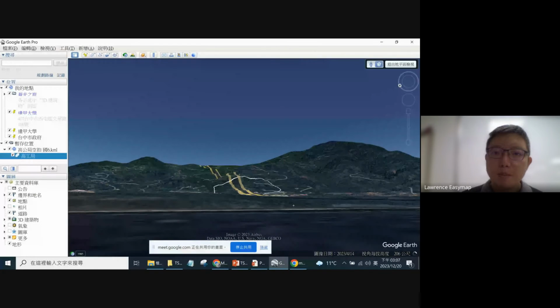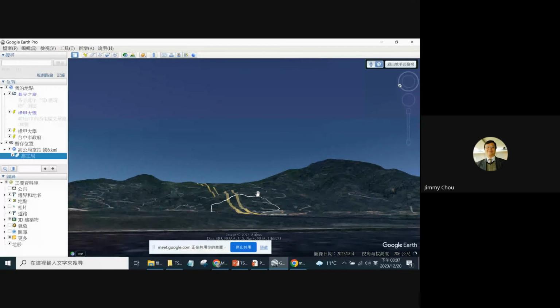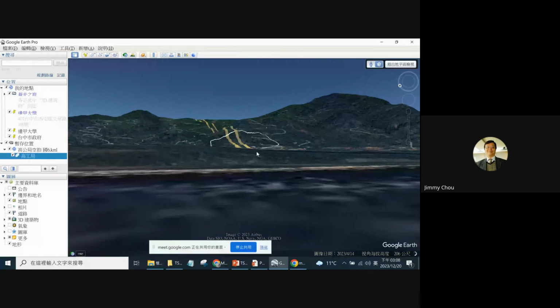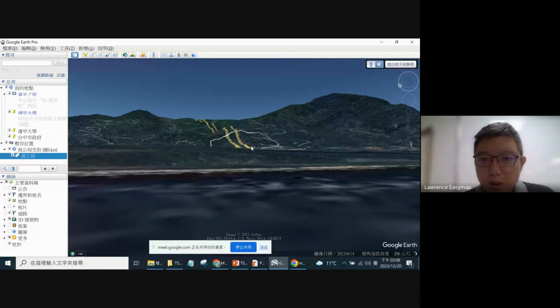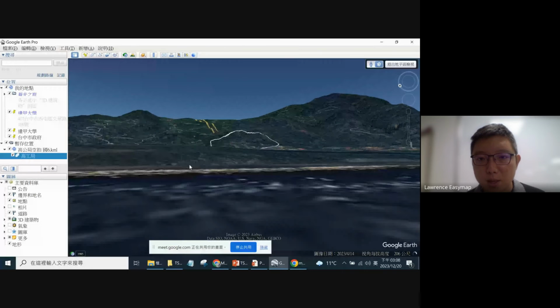My computer is a little bit too slow here, but it doesn't matter.